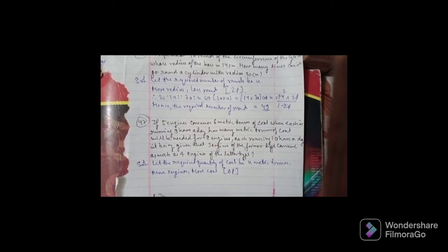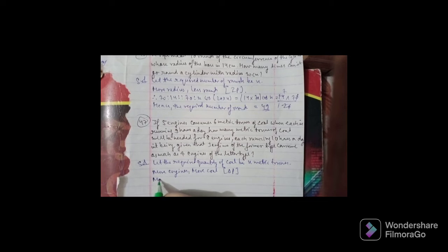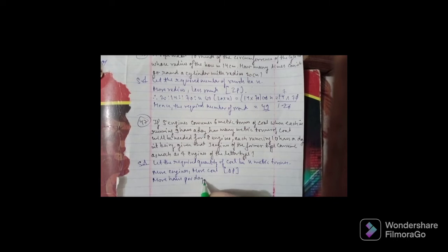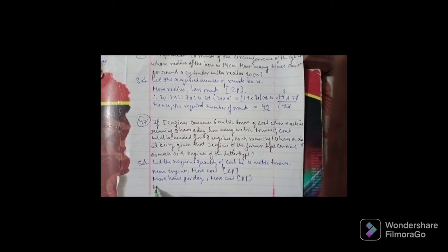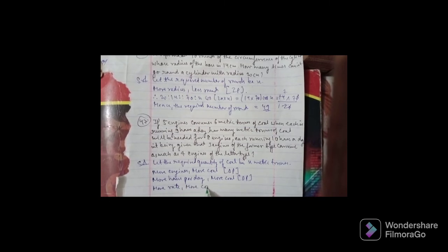More hours per day, more coal: direct proportion. More rate, more coal: direct proportion.